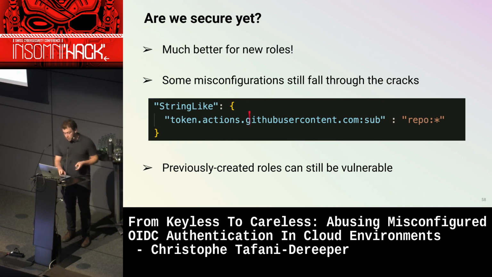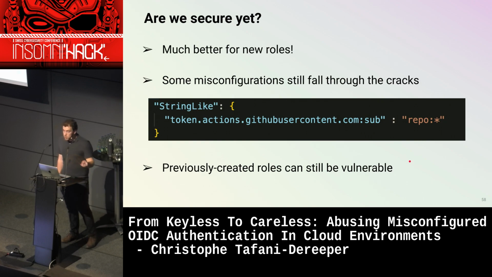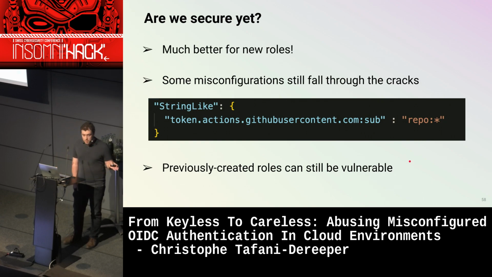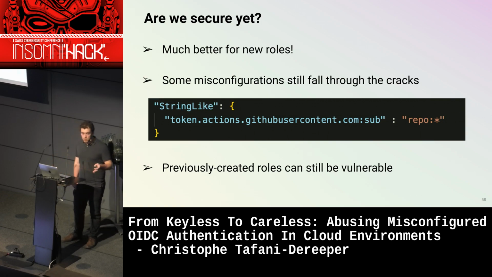Typically, if you use this vulnerable condition in your policy, it's not going to block it. So it will block the star, but not a repo star. So it helps, but again, you can see how this is still going to be wrong sometimes. And again, all the roles that were created from 2021, when this feature was introduced, to mid-2023, if they were vulnerable, they are still vulnerable. Nothing is going to magically fix them.